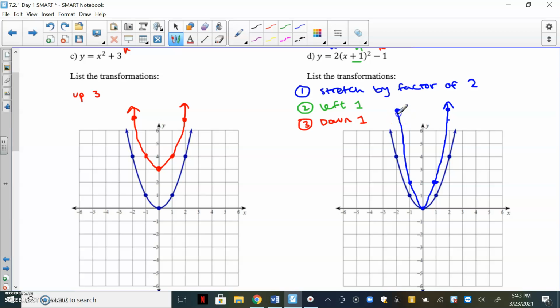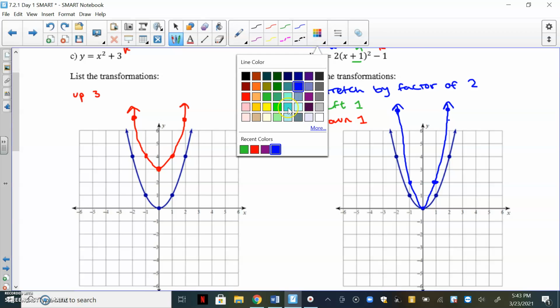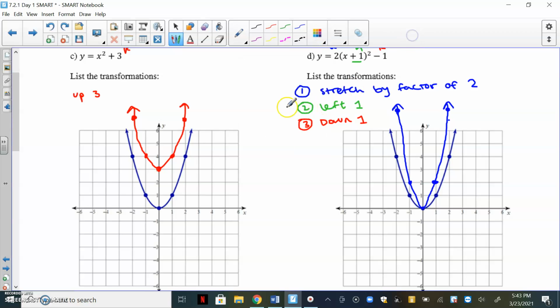This is really ugly. So now I need to move it left 1 and down 1. Luckily, we can go ahead and do that all at once, so we don't have to do that in 2 separate graphs. We'll just take every point and move it left 1 and down 1. So we'll go left, down, left, down, left, down.